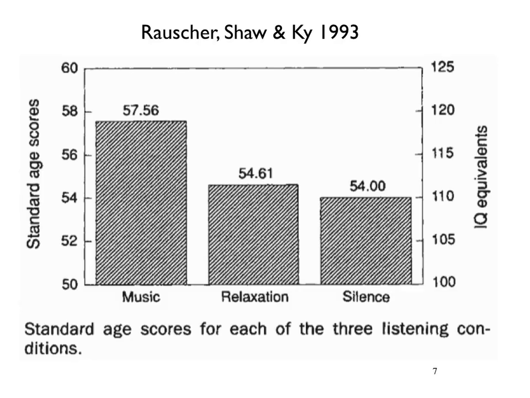The authors of this paper, Rauscher, Shaw, and Ky, figured that since we think about music in spatial terms, maybe it has something to do with these types of tasks.